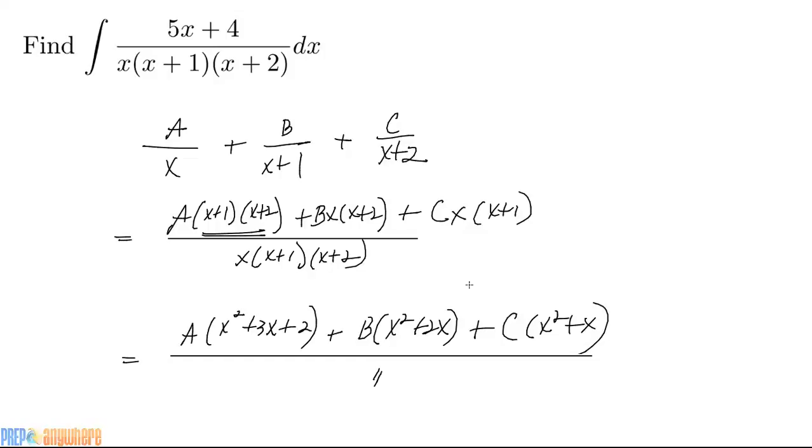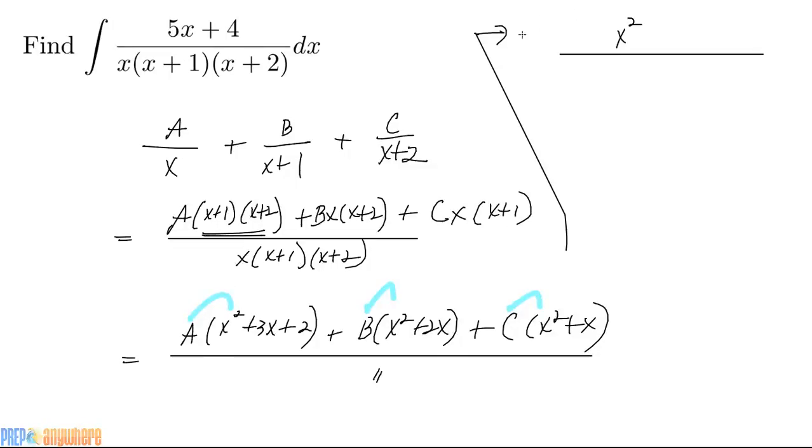Now let me reorganize this so that we have all the coefficients with x squared. That's A, B, and C. If you expand those three, you get x squared terms: A plus B plus C. Now the x terms.